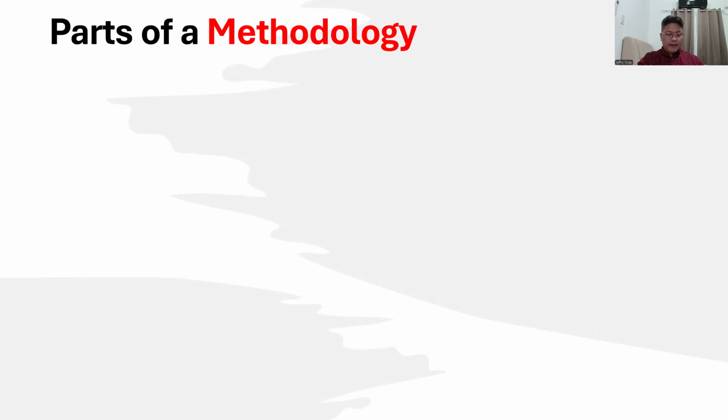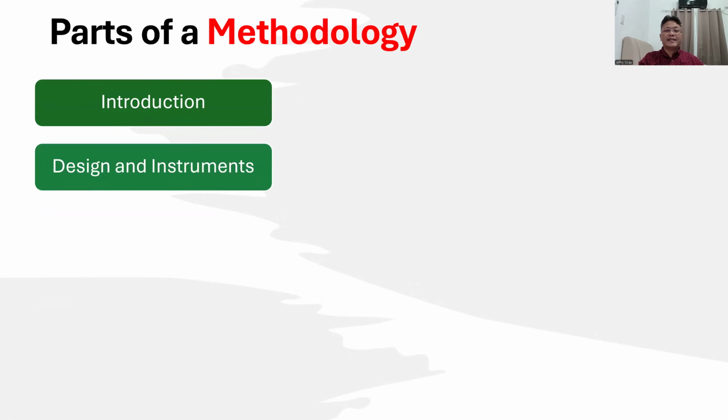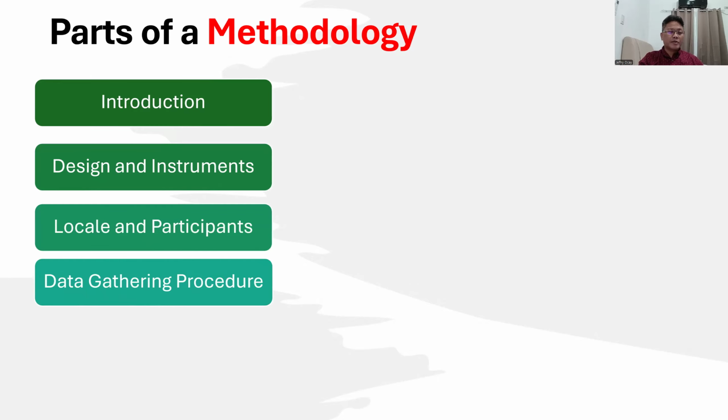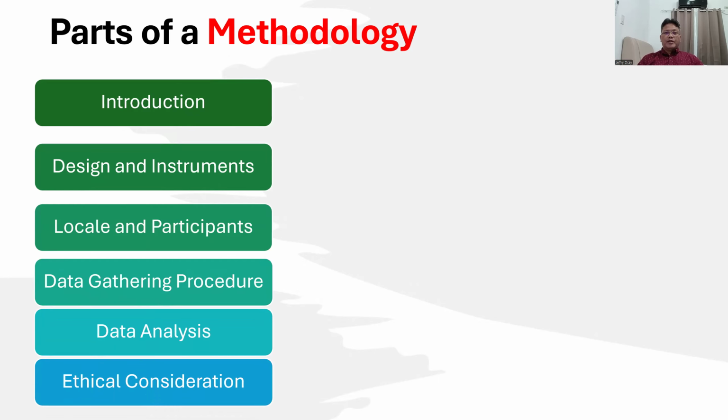So in this lecture, I'll be using the introduction as the standard content of the methodology part, and then we have the design and instrument section, the locale and participants, data gathering procedure, data analysis, and ethical consideration. So again, whether you are using quanti or quali, the methodology part contains these standard components.